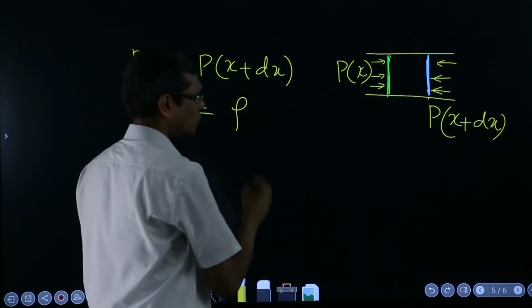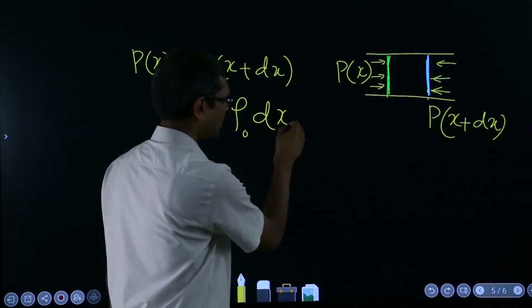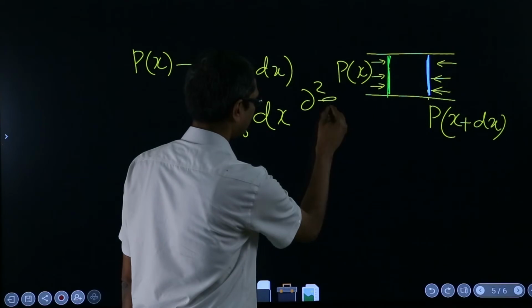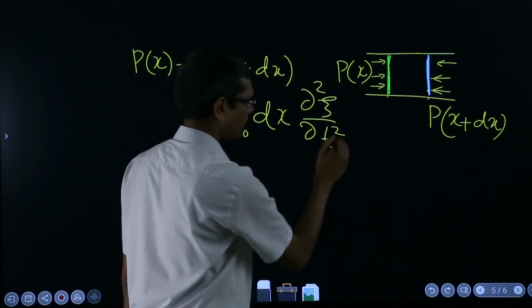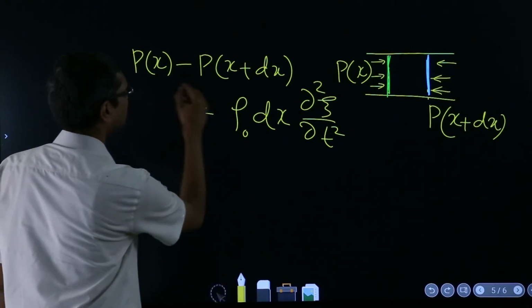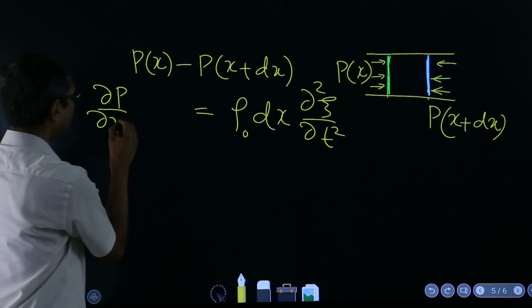So rho naught times dx is the mass, times its acceleration. And this is nothing but your dp over dx.